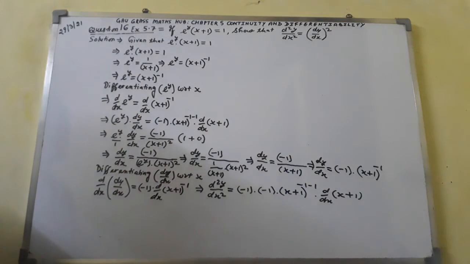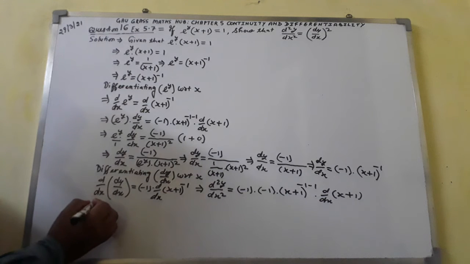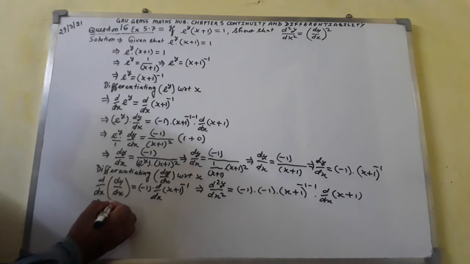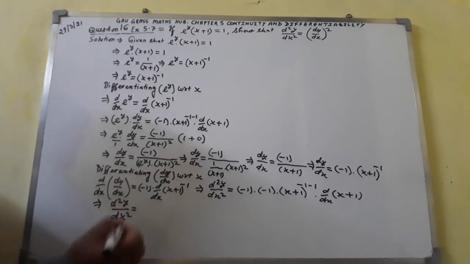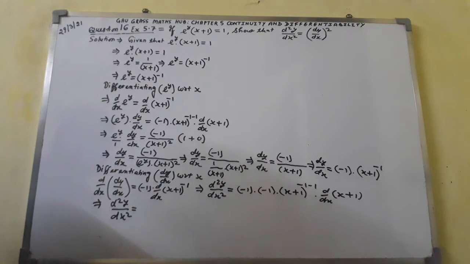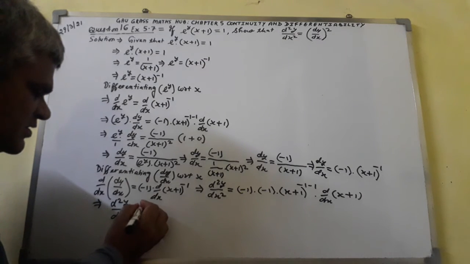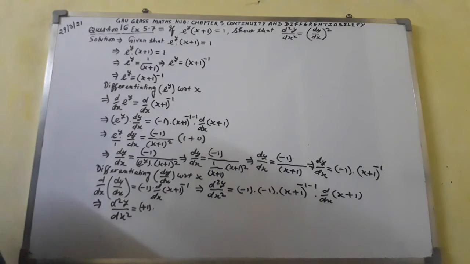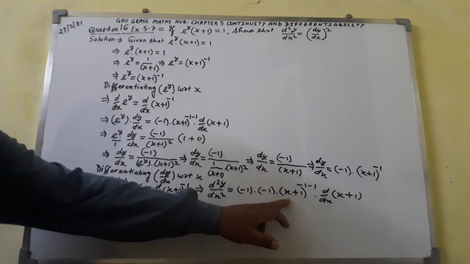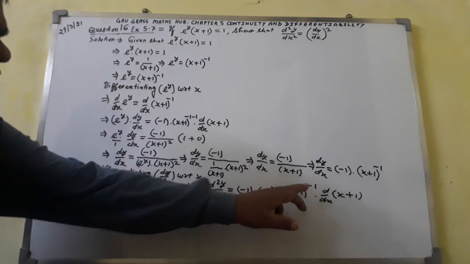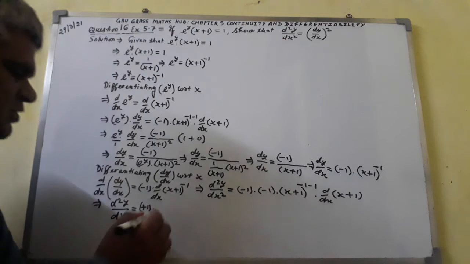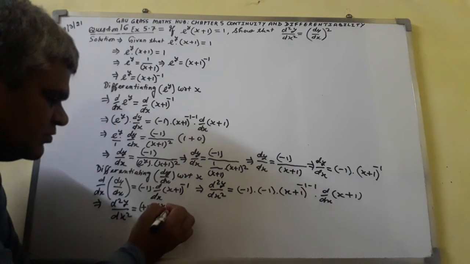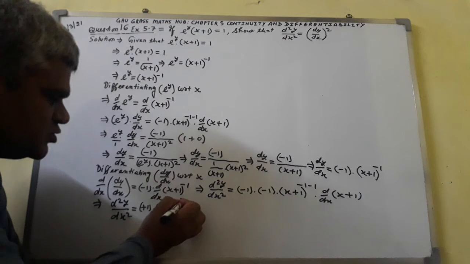So here you will get d square y over dx square equal to, here minus 1 will multiply, we will get here plus 1, x plus 1 raised to the power minus 2.